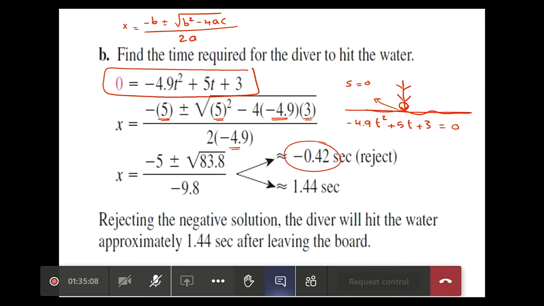This is the solution of the quadratic formula, but the negative must be removed. Why remove the negative? This solution, 1.44 seconds, is when the diver hits the water, but the other must be removed because this is time. Time cannot be negative. Good.